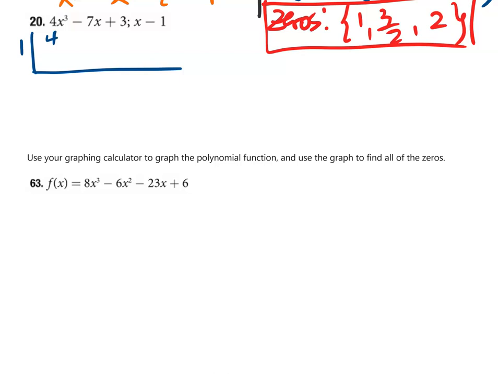Don't forget you're missing x squared here, so meaning there should be a 0 here. Then -7 and positive 3. So don't forget that. This is very important.